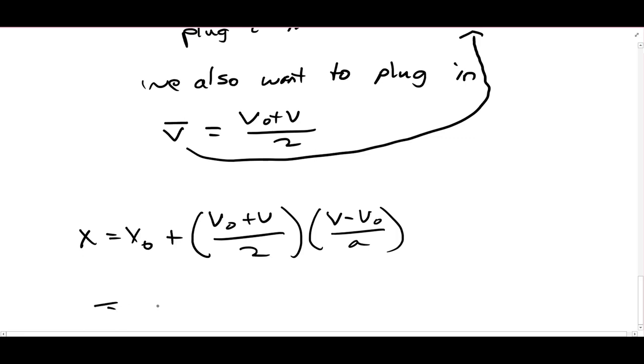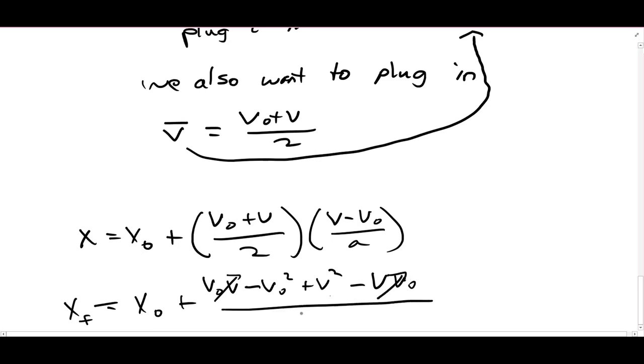Okay, and then we get our final form where we get x, which we can call x final, equals x naught plus (v naught plus v)(v minus v naught), which is v squared, v final squared, minus v naught squared. Now these guys commute, so they're done.